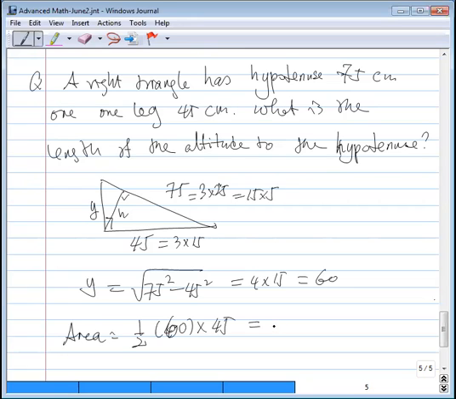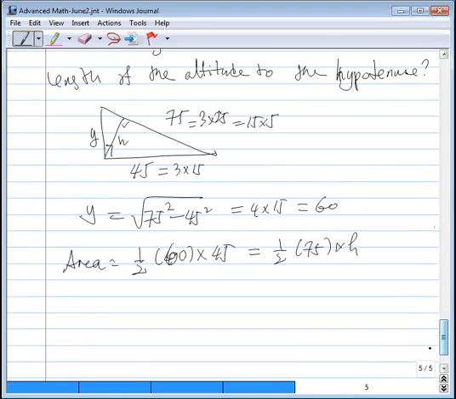But you can calculate the area in a different way: it's 1/2 times 75 times h. Then you simplify and solve for h. So h is going to be 60 times 45 divided by 75, and after you simplify, this is going to be 36.